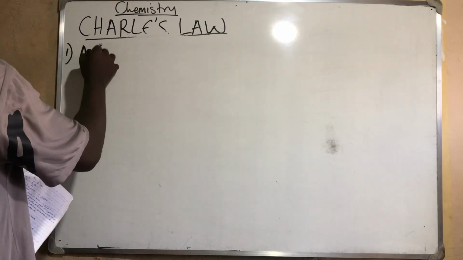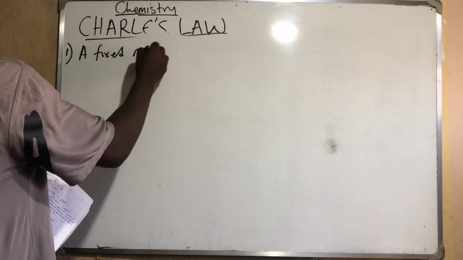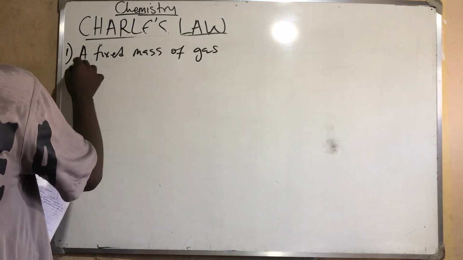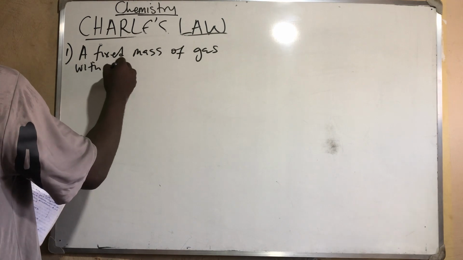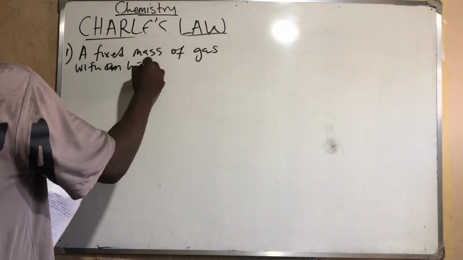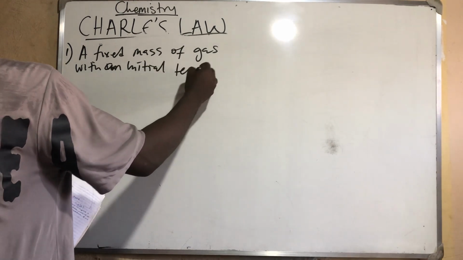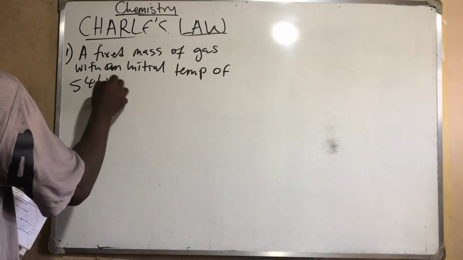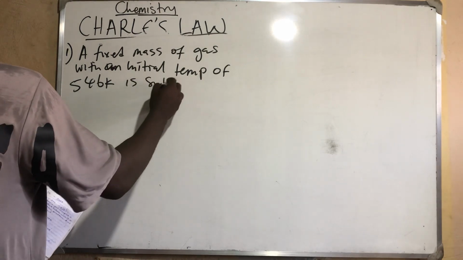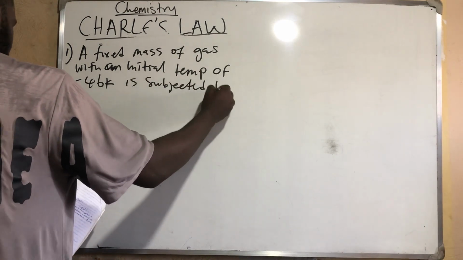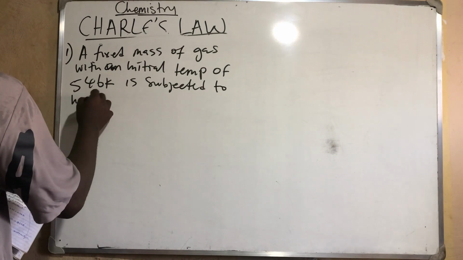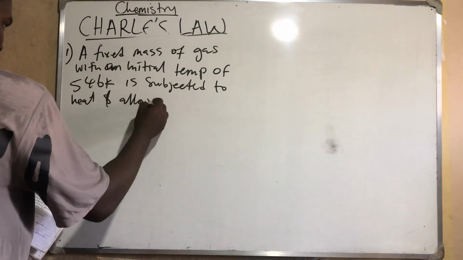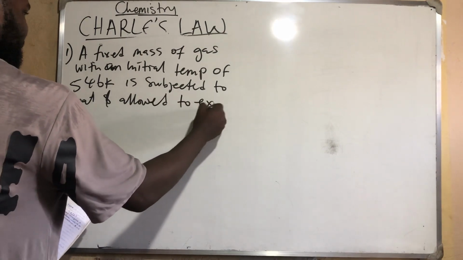So the first question said: number one, a fixed mass of gas with an initial temperature of 546 Kelvin is subjected to heat and allowed to expand.